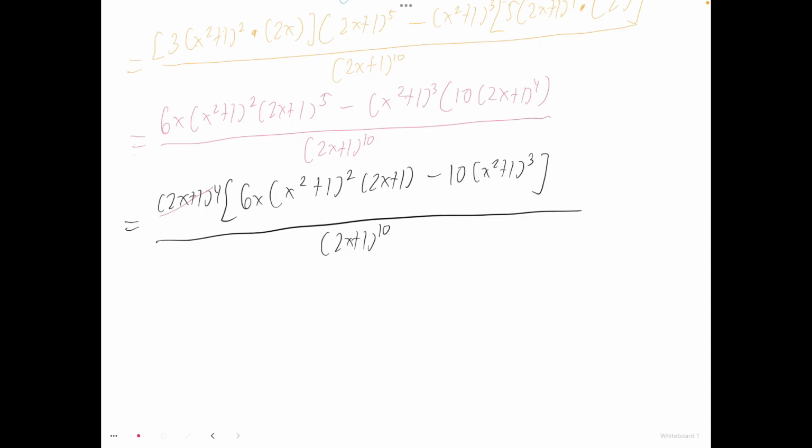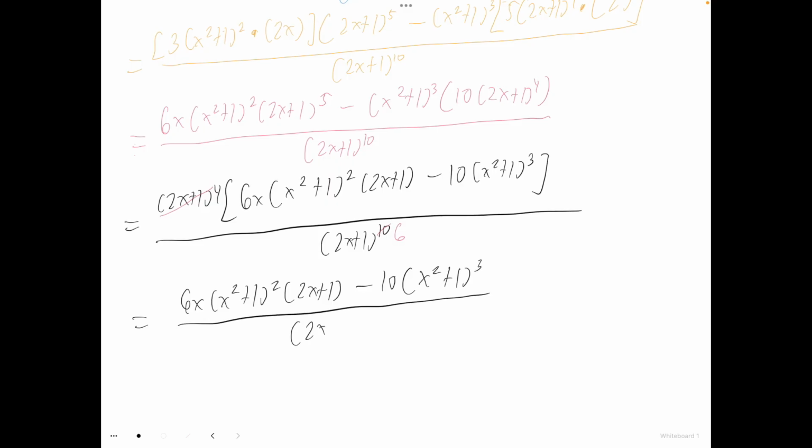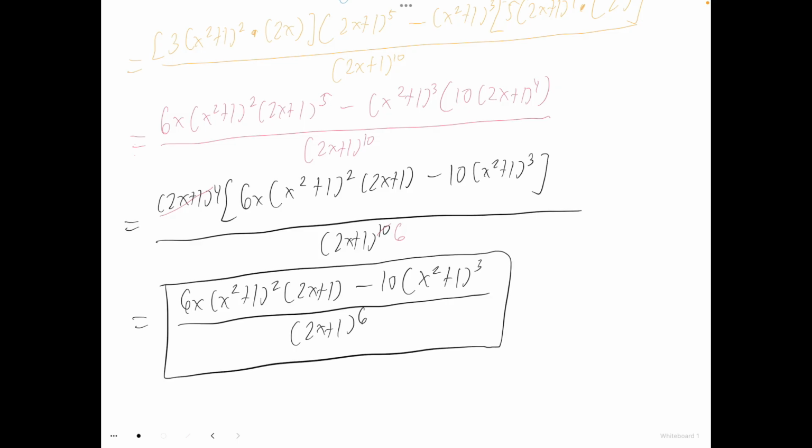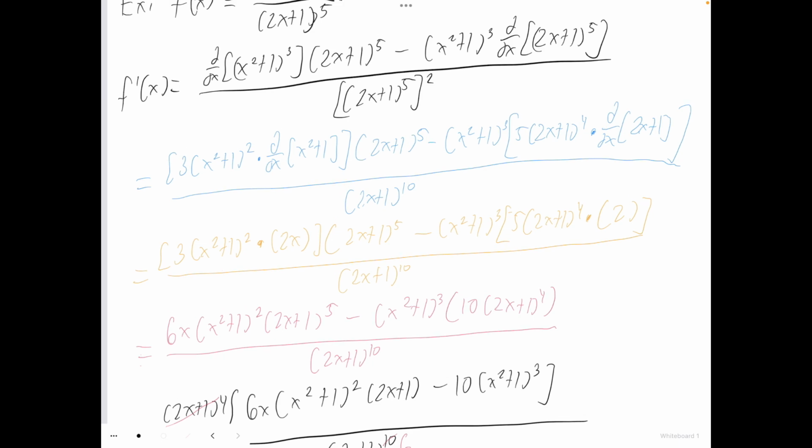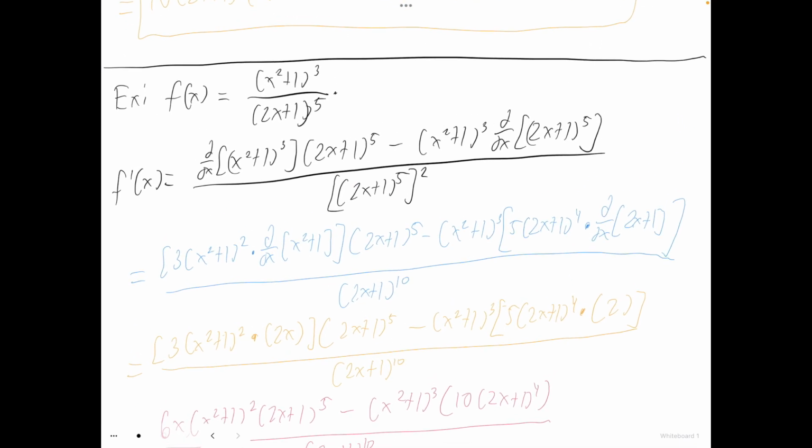So we can cancel the 4 2x plus 1s on the top with 4 of them on the bottom. And so we're just left with 6x times x squared plus 1 squared times 2x plus 1 minus 10 times x squared plus 1 cubed, all divided by 2x plus 1 to the 6th power. And so that then is our derivative for this expression of x squared plus 1 cubed divided by 2x plus 1 to the 5th.